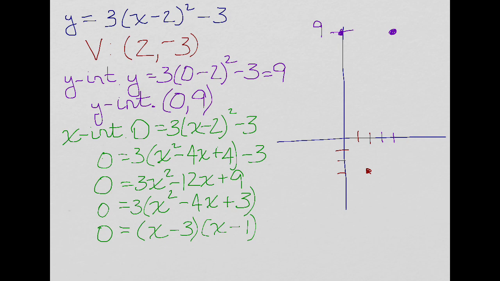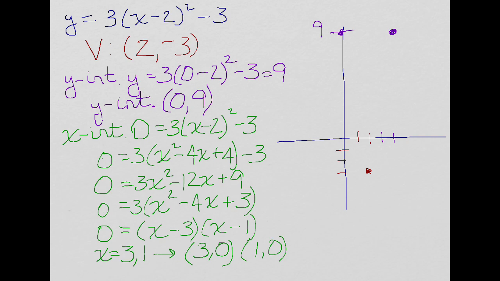So then I'm going to set each factor equal to 0. X minus 3 equals 0. X minus 1 equals 0. And solve. So I'll get x equals 3 and x equals 1, which means my x-intercepts, again, intercepts are points. They have 2 coordinates. So I'm going to have 3, 0, which I got by making y be 0, and 1, 0. 2 points, 2 x-intercepts.